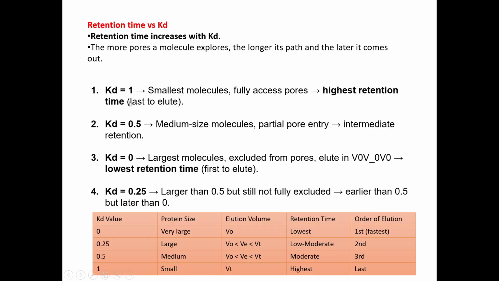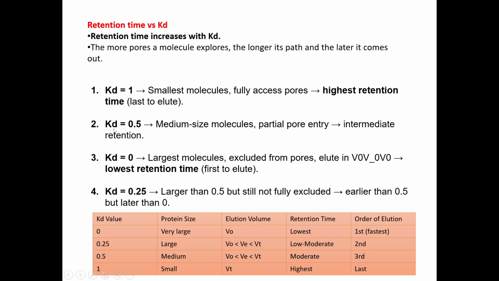So if KD is 1, that means it is of the smallest molecules and is completely able to go into the pores. It can fully access your pores and it has the highest retention time. It will elute out last, at the total volume of your column. That's why your VE will be equal to VT.